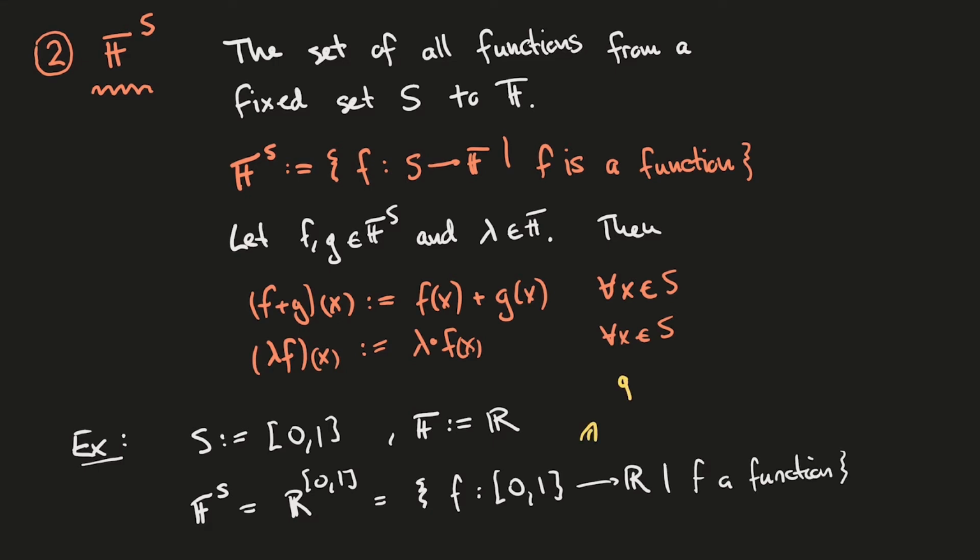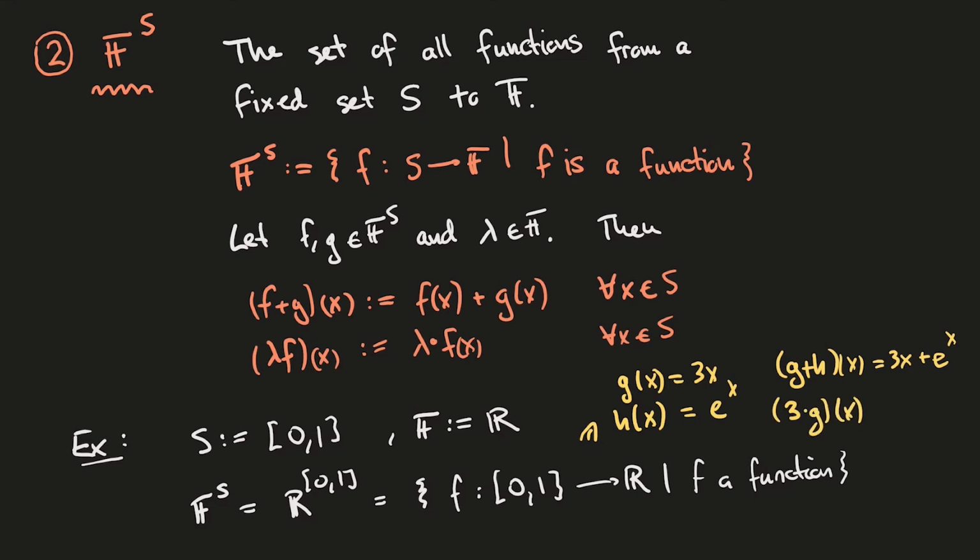Two elements of this set might be the function g, defined by g of x equals 3x, and say a function h, which is defined by h of x is equal to e to the x. In this case, their sum, g plus h of x, would be defined by the formula 3x plus e to the x. Well, if we want to calculate the function 3 times g, of x it is just 3 times 3x, which is 9x.